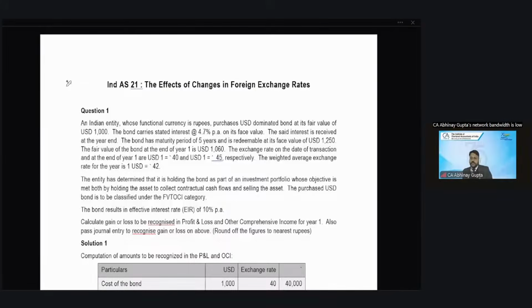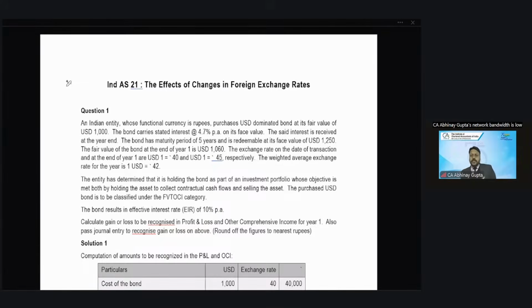Functional currency is the currency of the primary economic environment in which the entity operates, right? Then foreign currency is the currency other than the functional currency. So once the functional currency is determined for a company, all other currencies would be regarded as foreign currency. And the presentation currency is the currency in which the financial statements are prepared and presented, right?